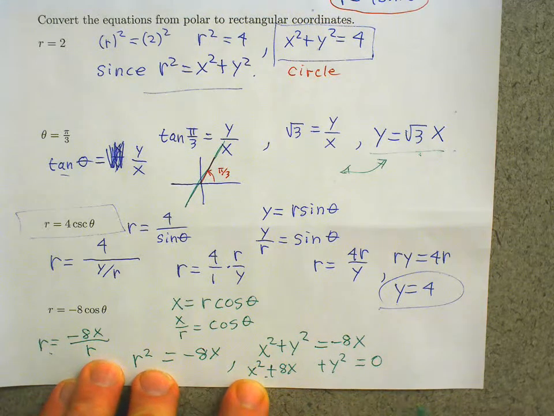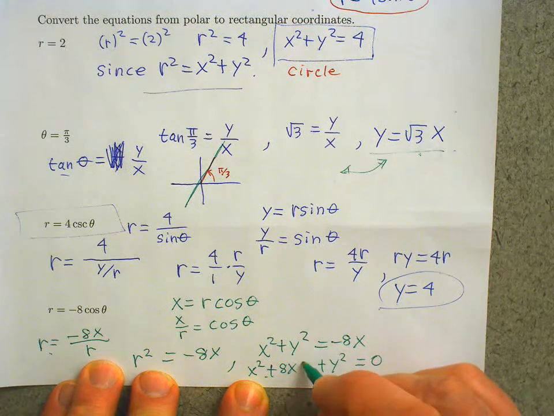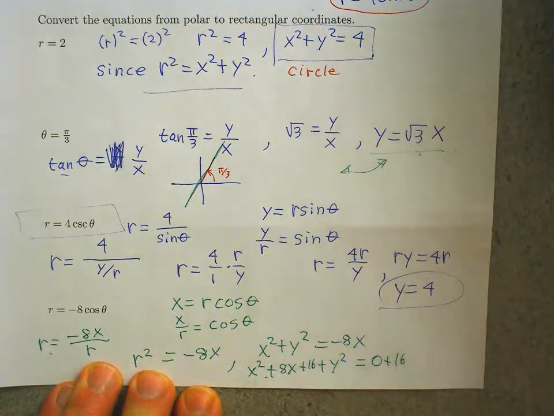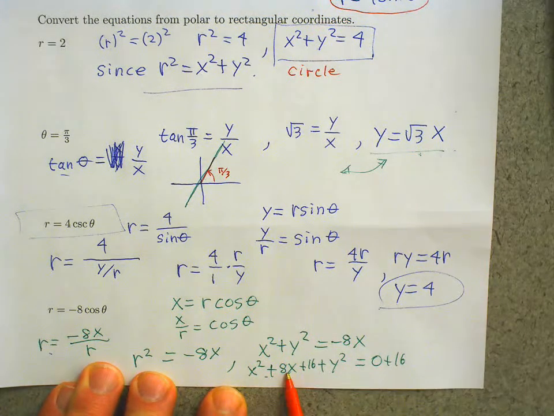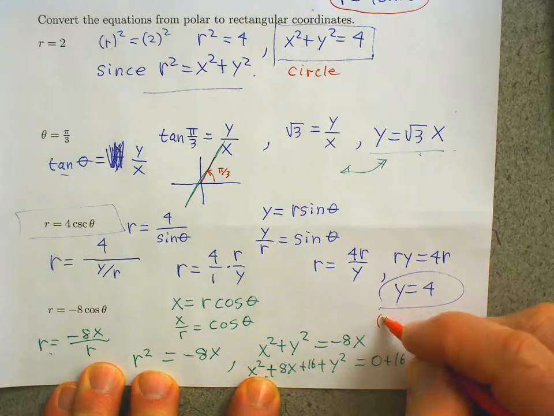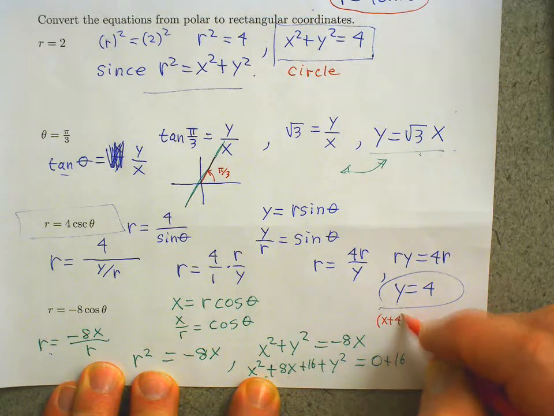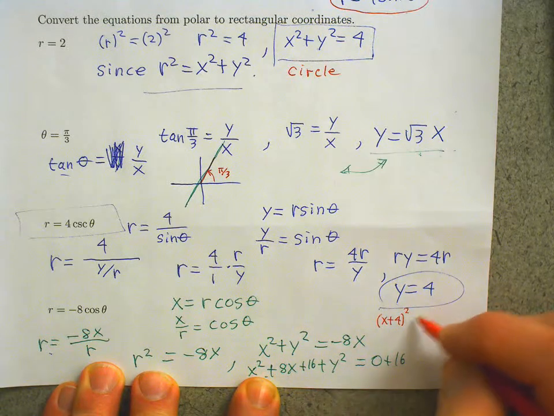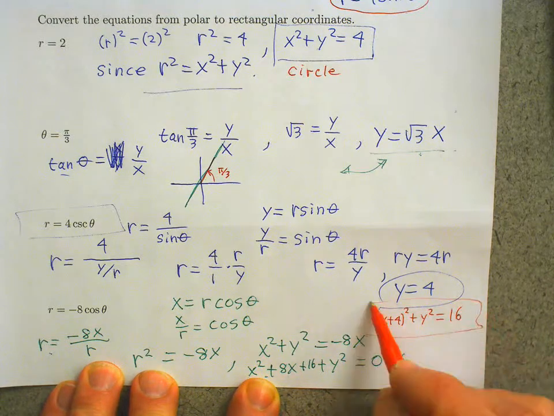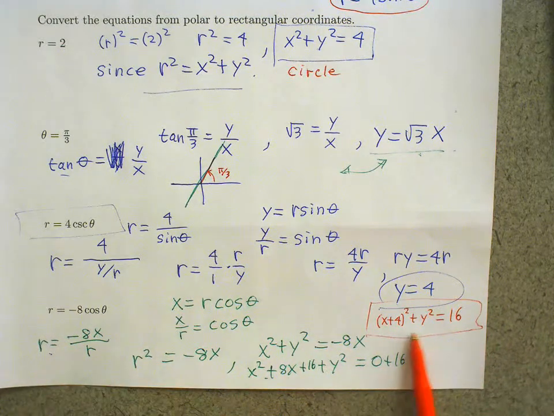We can get it into standard form if we first add 16 to both sides. And then x squared plus 8x plus 16 can be written as the quantity x plus 4 squared, plus y squared equals 16. So this is the standard equation for that circle.